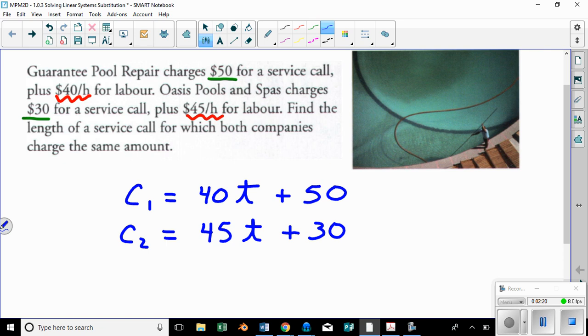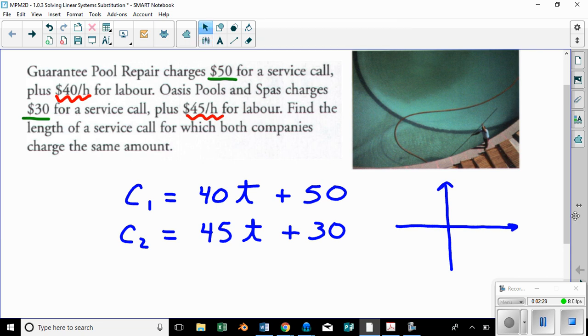We know if we graph these very quickly that C1, which I'm going to use green for, has a higher original cost, therefore is going to be higher up on the y-axis. C2, which has a lower original cost, I'm going to use red for that one, has a lower starting value on the y-axis.